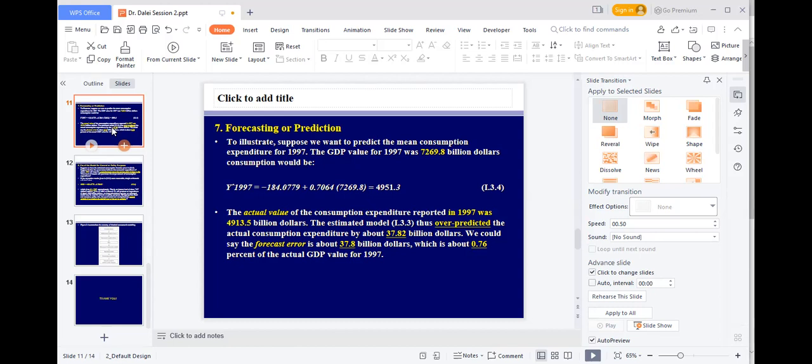At the same time, your actual consumption expenditure data for 1997 is available. Take the difference between the actual value and the predicted value. Here the difference is 37.82, which is nothing but your forecast error. If this difference is very minimal, then you have a very good model, and your prediction or forecasting is accurate.